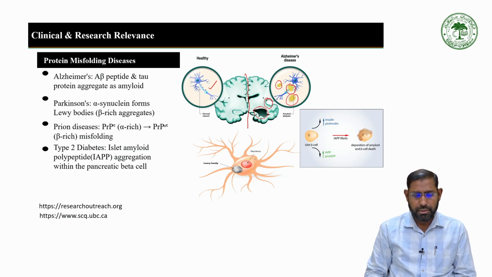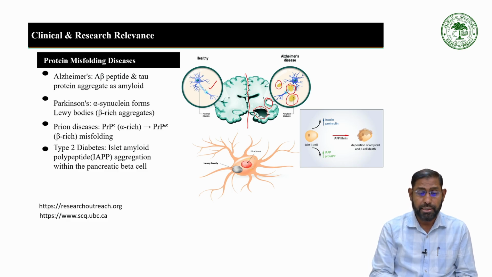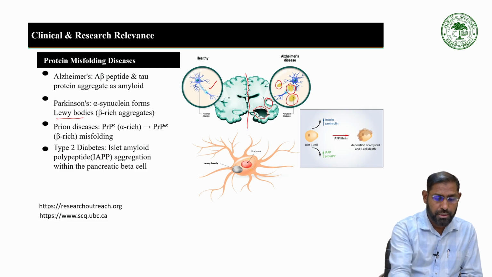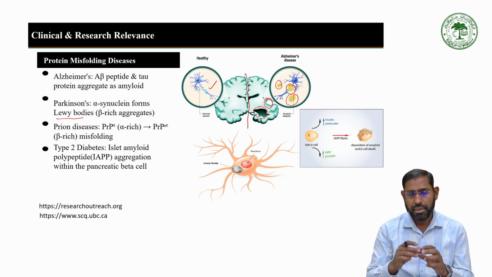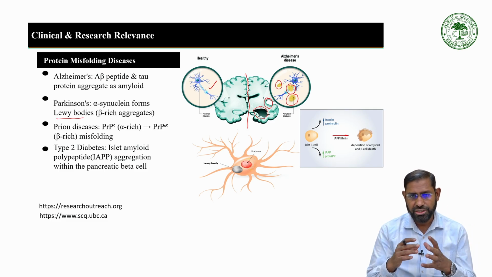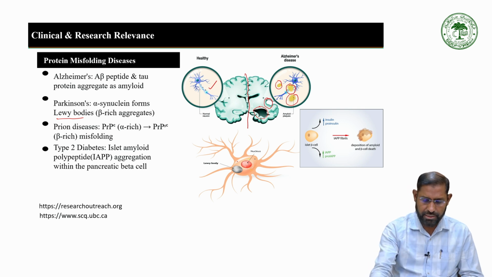Then another degenerative neuro disease is called Parkinson's disease, a motor disorder. In this case also there is alpha synuclein, a protein that forms what is called the Lewy body. Synuclein forms beta sheet rich aggregates. You can see this is the Lewy body in the cell body of the neuron. This is the nucleus.